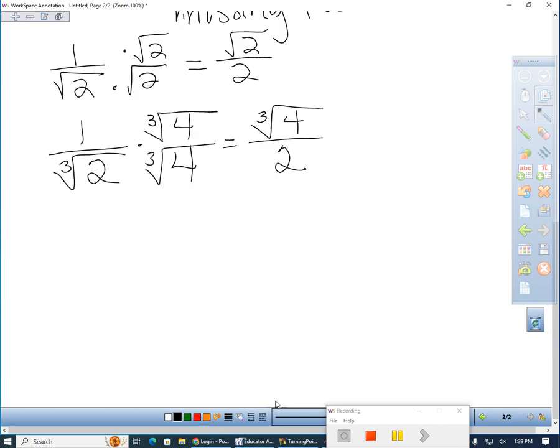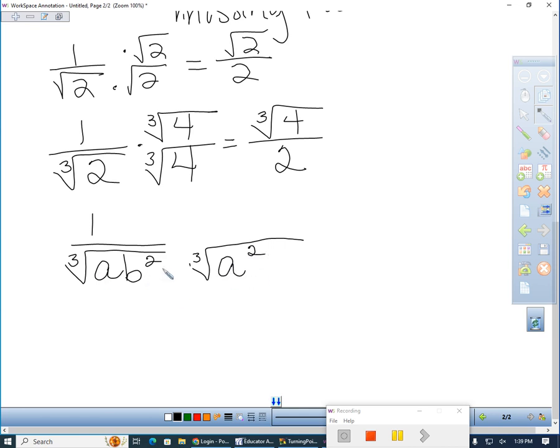All right, so let's make this even better. What if I had 1 over the cube root of AB squared? Now remember, I have to have 3 of each thing in order to get rid of the radical. So I'm multiplying by the cube root of, I have 1 A, so I need 2 more A's.